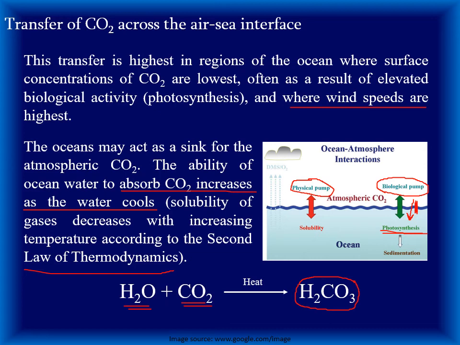That is, this process is exothermic. Similarly, the opposite process can also take place. That is, from carbonic acid, it will again form water and carbon dioxide. And this opposite process is endothermic. That means for the reaction to take place from carbonic acid to water and carbon dioxide, it requires some amount of heat.